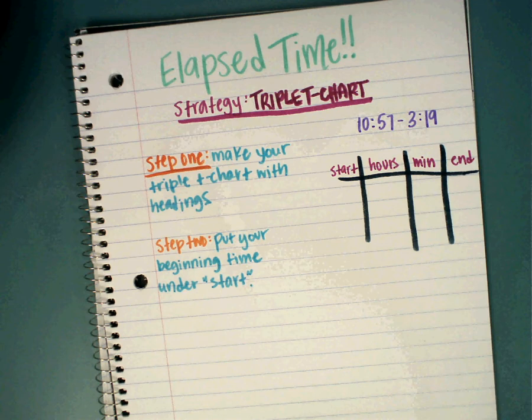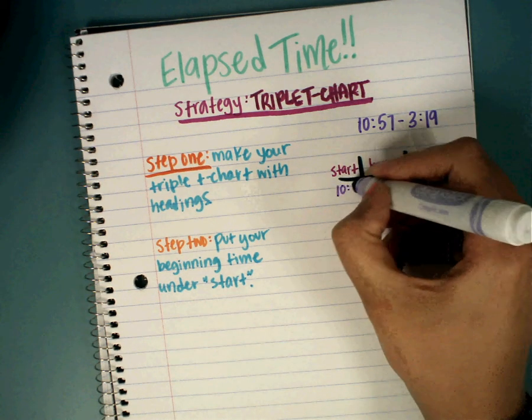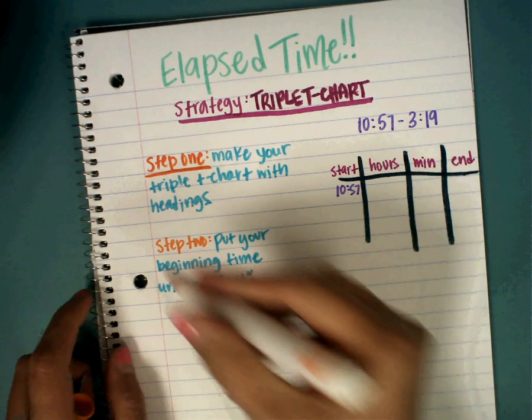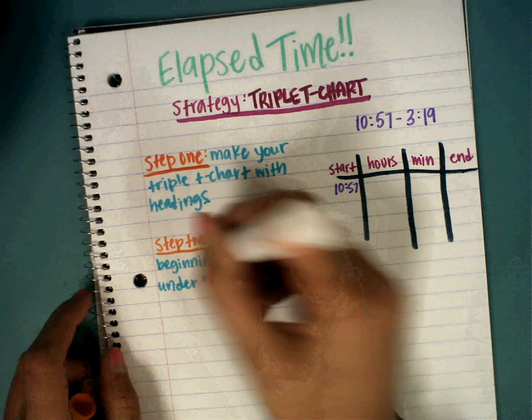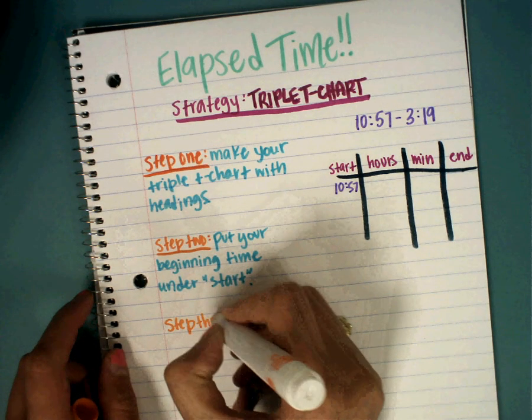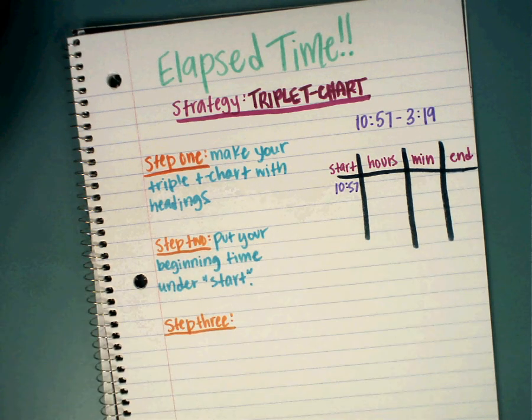All right. Step three is to add 1 hour at a time until adding another hour would go over your end time, okay? And I'll explain that in just 1 second.